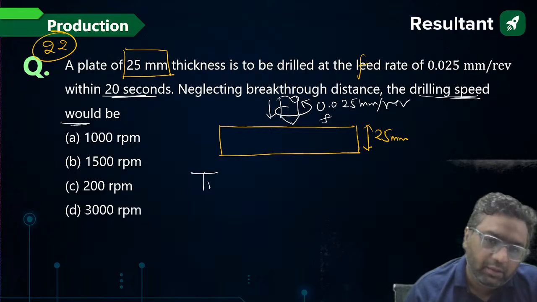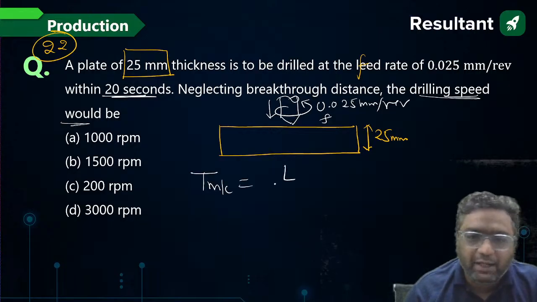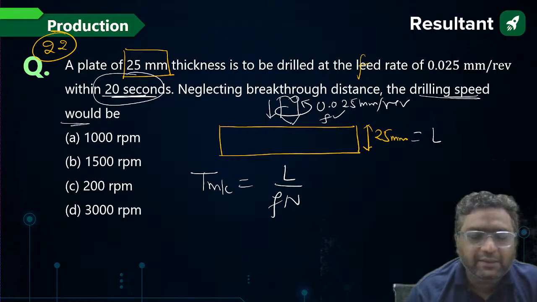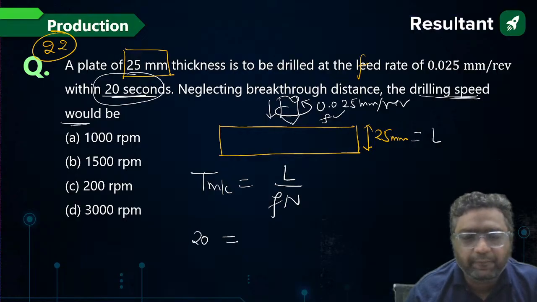If you remember the machining time formula, it is L upon F N. This is L, this is F. We need to find out N. Time is given as 20 seconds, length is 20, feed is 0.025.